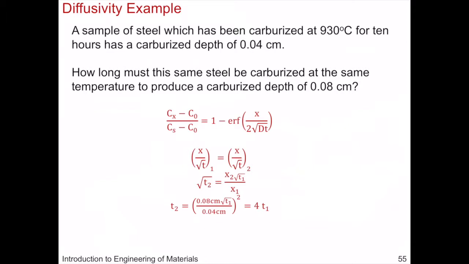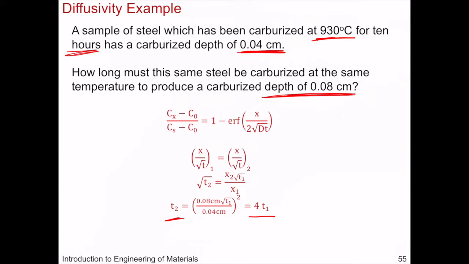We can also see this in another example where you're carburizing steel at 930 degrees Celsius for 10 hours, and the diffusing species distance is 0.04 centimeters. If you want the depth now to be 0.08 centimeters, we can rearrange the equation to get that t2 is equal to 4 times t1.